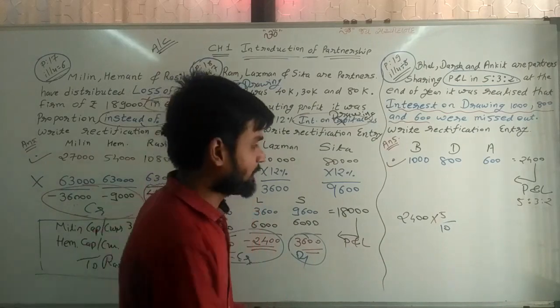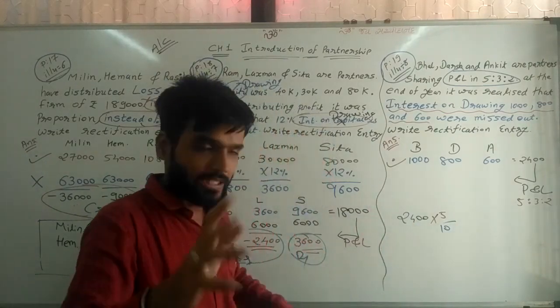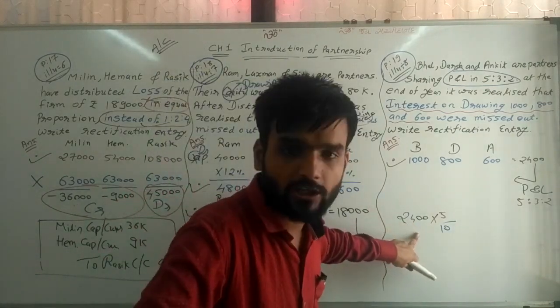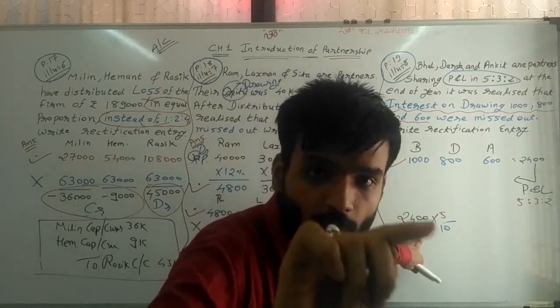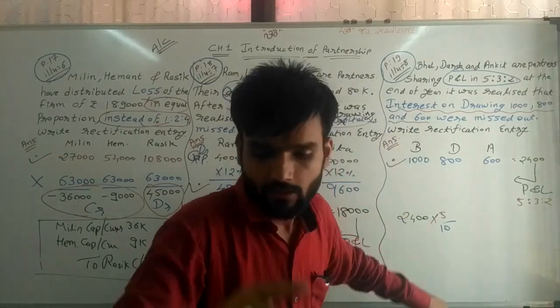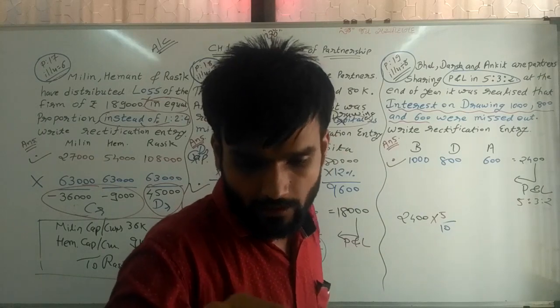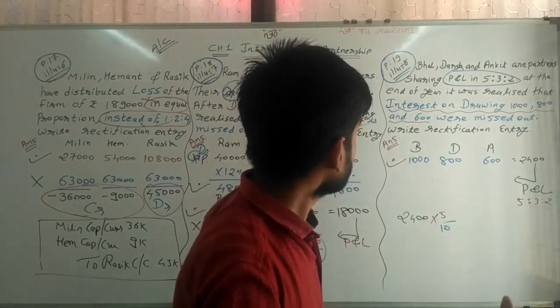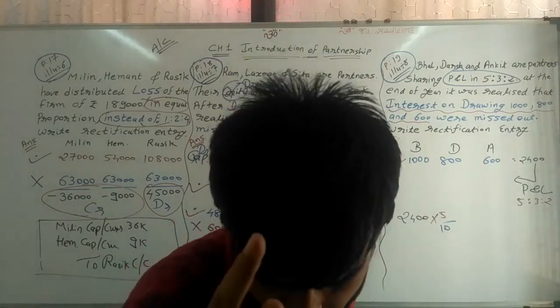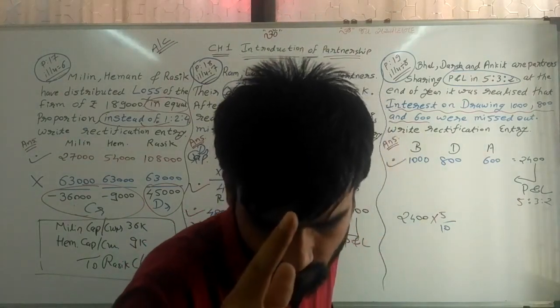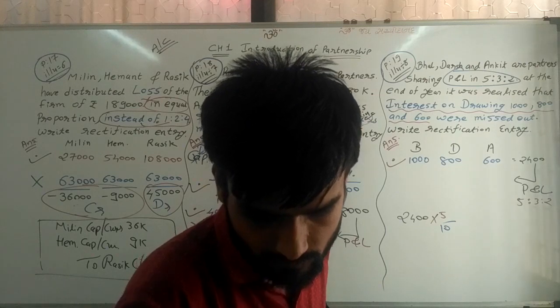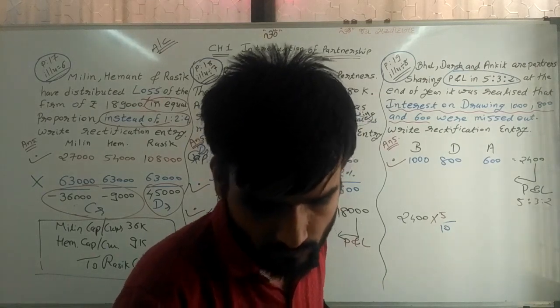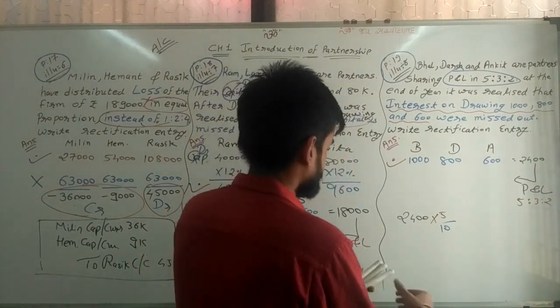Now if you are finding value of this, calculating 2400 into 5 divide by 10, your answer will be 1200 rupees.